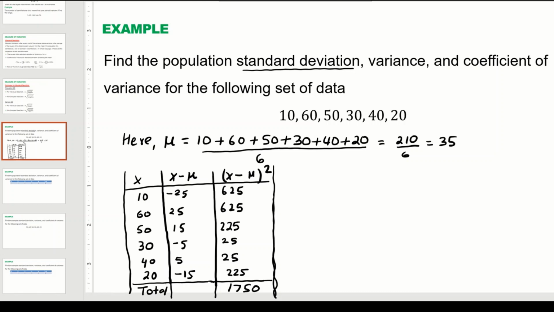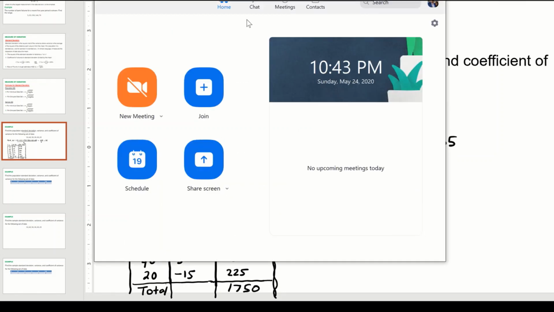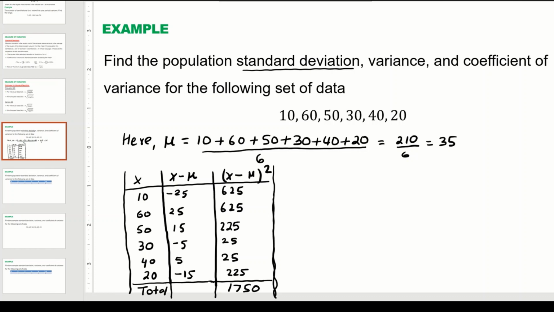So if you recall the standard deviation, this is the standard deviation for the population, which is sigma, equal to the square root of sum of x minus mean squared over n.